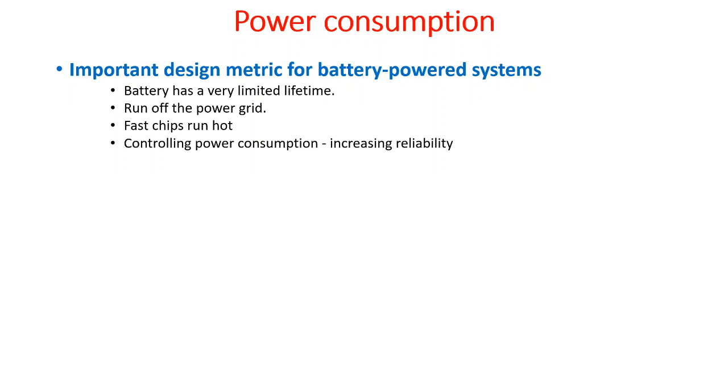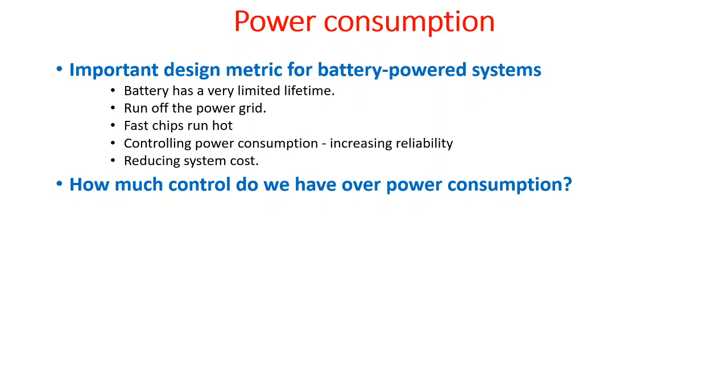Even nowadays, non-Android keypad mobiles are used for safety purposes by ladies, or when I want a long run from a mobile, we go for keypad mobiles. That is due to reliability. Next is system cost. When power consumption is less, it reduces the system cost also. So these are the 5 design metrics in the case of a battery powered embedded system.